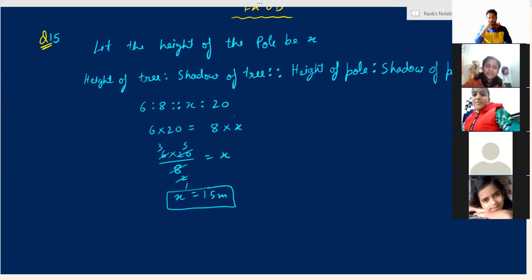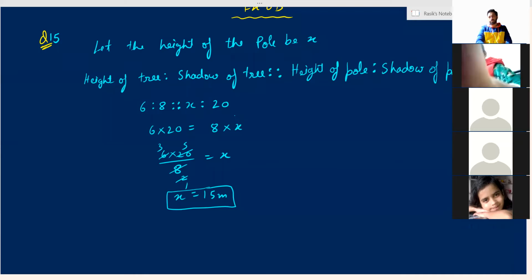It's too much. Beta, we will be doing, but we will not be doing all the questions. We will cover all the concepts as I consulted with principal sir. He advised me to cover all the concepts. So we will cover all the concepts. We will make sure that you don't face any loss. And we will do the chapters. Okay.